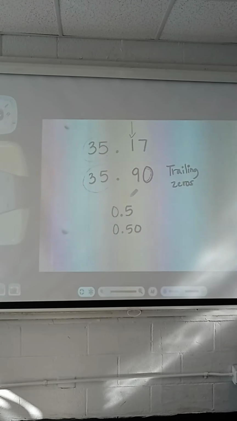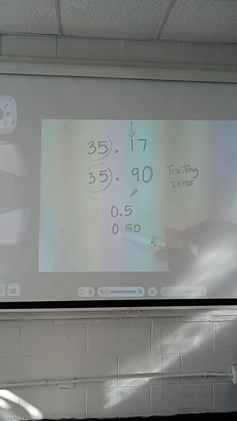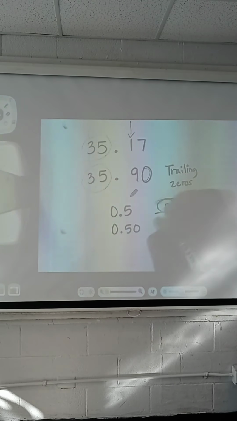If you aren't paying attention to that decimal, you might say 0.5, or 5 tenths, means half of a Tylenol. So they tell you take half a Tylenol, you just cut it in half and take that part.